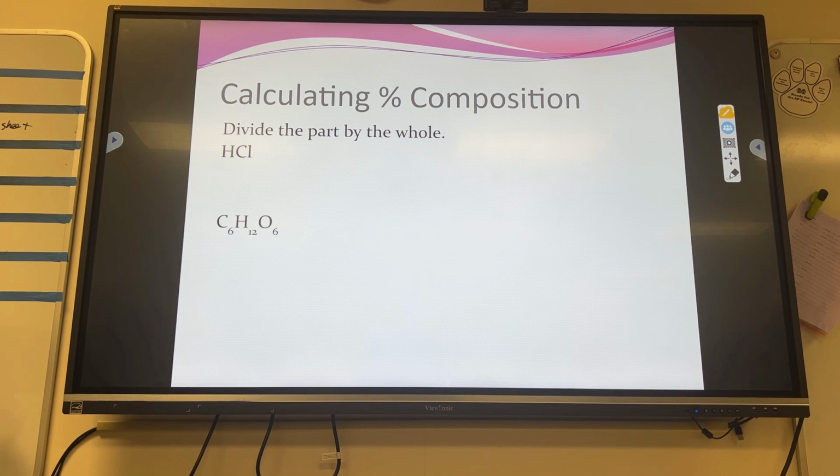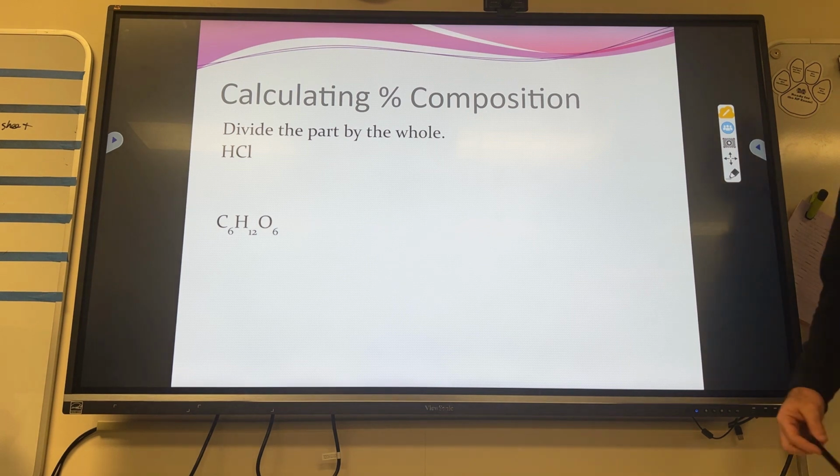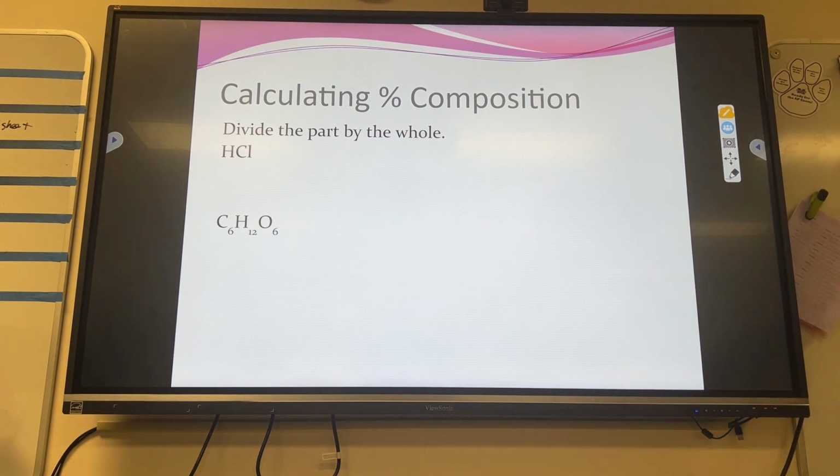The next thing we're going to find out is percent composition. We'll put a little line in your notes, the next heading, topic, whatever. You're still in 4.3. This is percent composition.